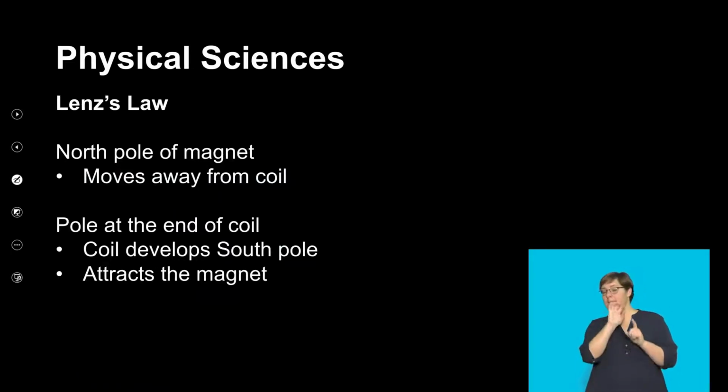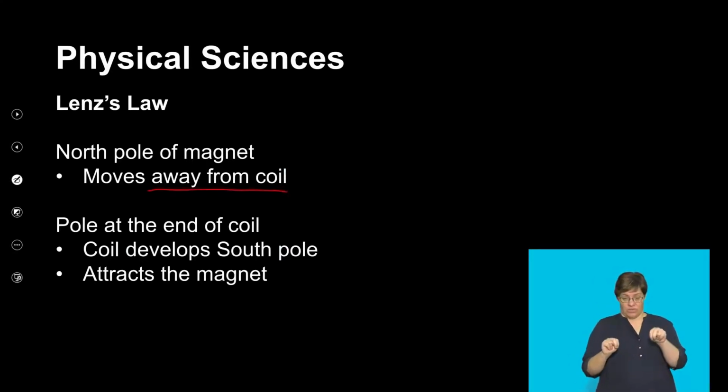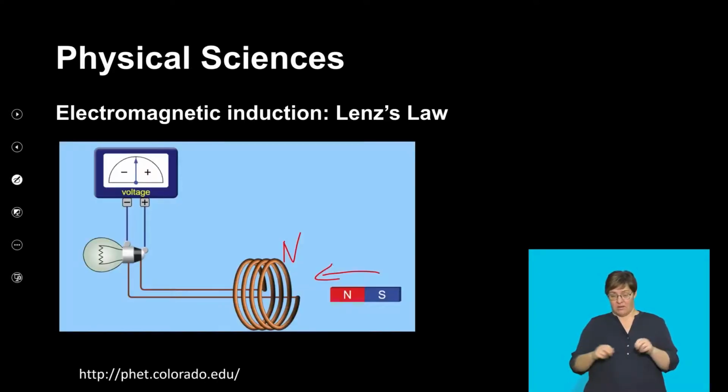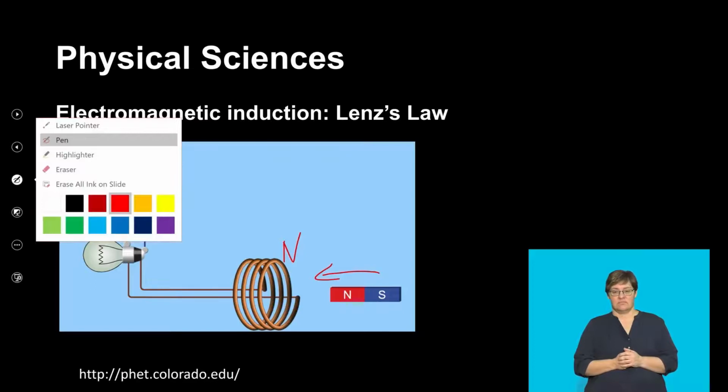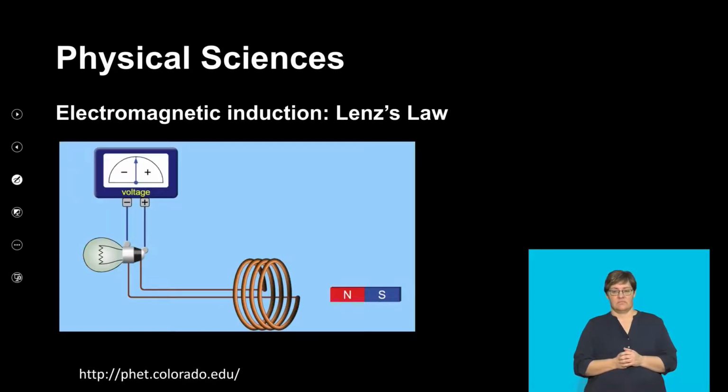Recognize that if the North Pole moves away from the coil, so if I go back to that previous diagram and erase the writing there, and I'm moving the North Pole away now, in which direction is the pole going to be at this end? Well, it's going to be a South Pole because it wants to pull it back.